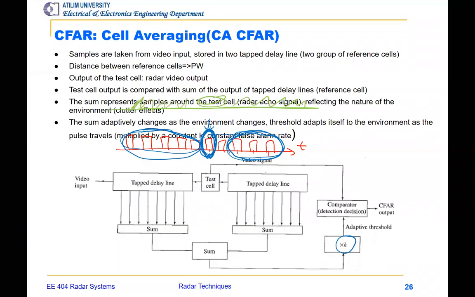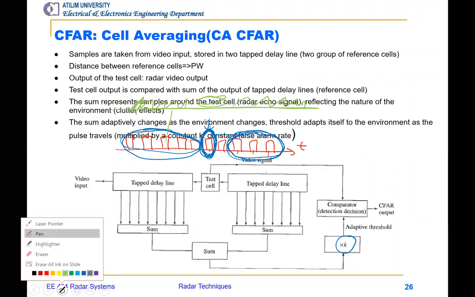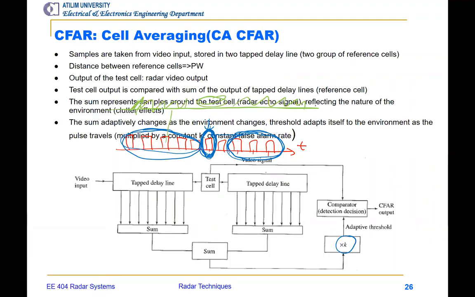Each pulse here corresponds to an echo signal, corresponds to a distance here, r. Let's say here, here, here, here. So here is my target, and here we got some objects, clutter.